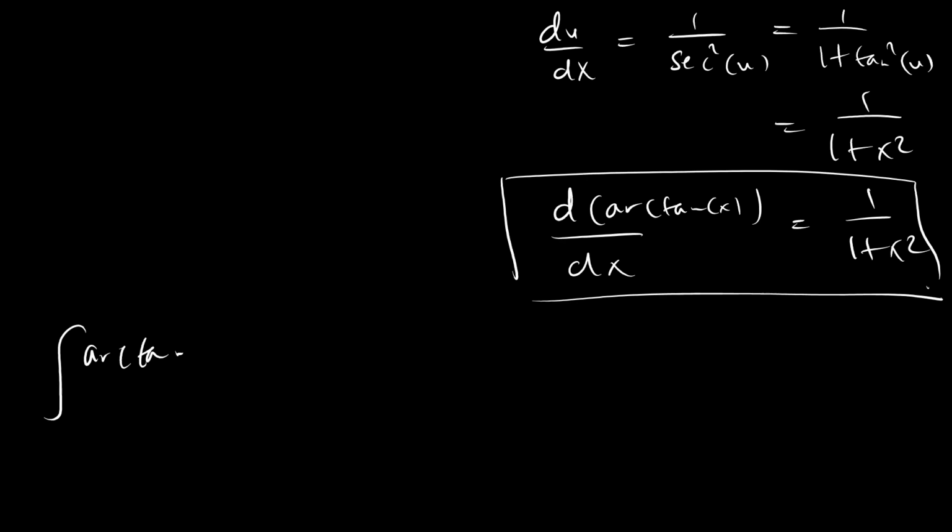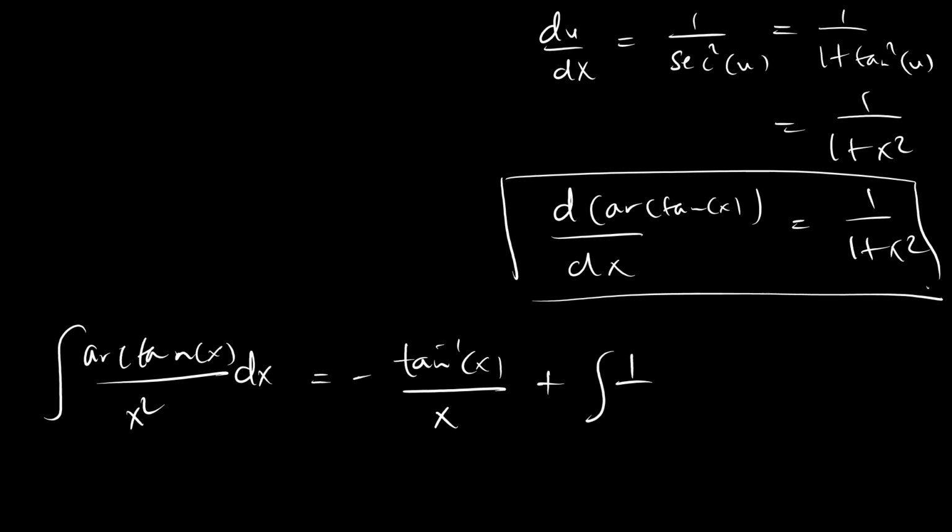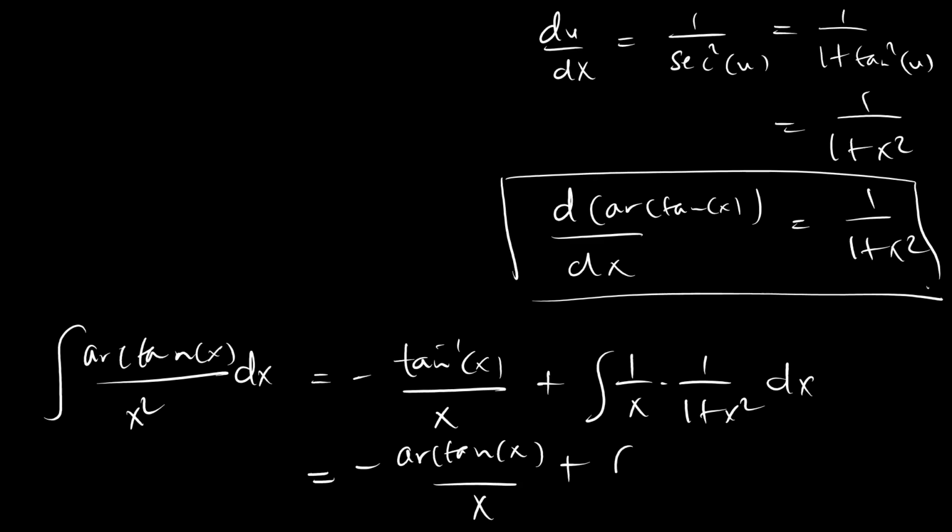So if our integral of arctangent of x over x squared was equal to negative arctangent of x over x plus 1 over x times 1 over 1 plus x squared, then we can express, let's just go back to writing arctangent as we had already started, over x plus 1 over x minus x over 1 plus x squared, right?